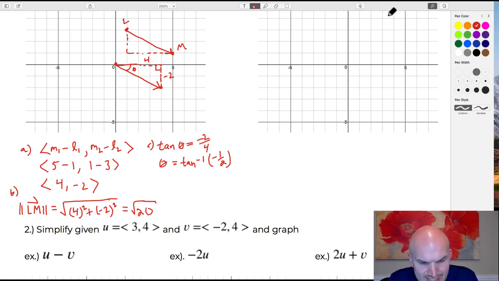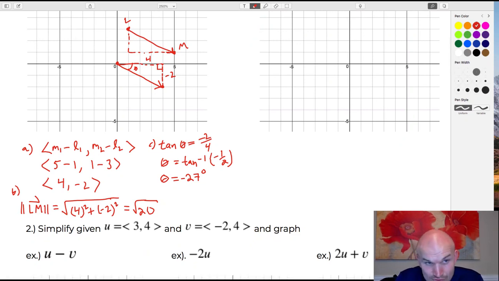And when doing that, I get negative 26.57. So rounding it to the nearest degree here, I get theta is equal to negative 27. Sorry, 27 degrees as I round to the nearest whole, which I didn't say to do. So that's my bad. But either way, you can see that that's the angle. Now, that's angle theta. But what we have to do is understand where this vector is.